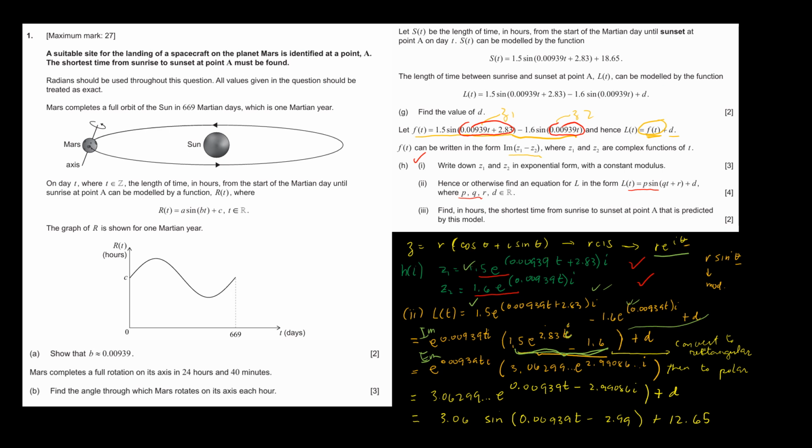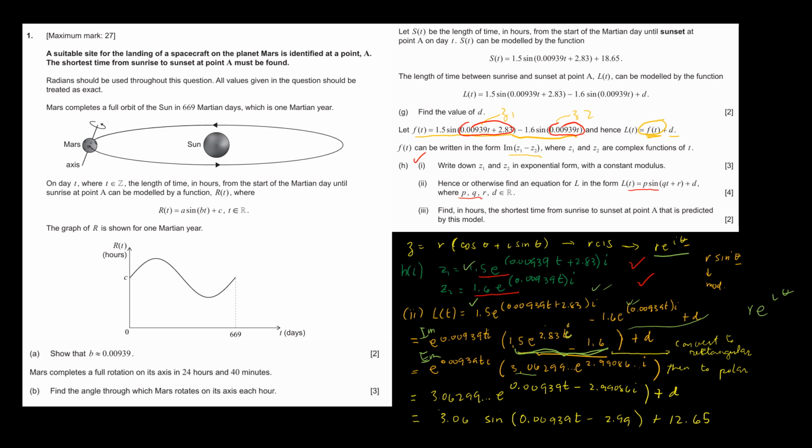Okay, this now gives you this answer in the form of r e to the i theta, where your r is this one, 3.06299 e to the i theta, 0.00939 t minus 0.2009, what is that, 2.9908661, plus d.